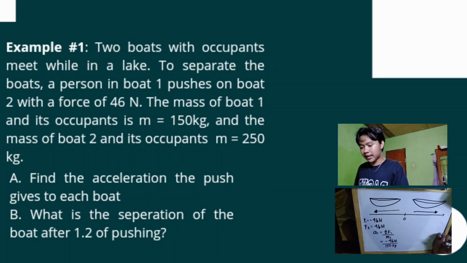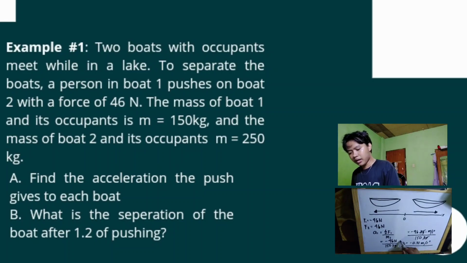Parang yung ginawa natin kanina, we just need to convert it into kilogram. So negative 46 kilogram multiplied by meter per second squared over the mass of 150 kilogram. Cancel the kilogram. Our a1 will be negative 0.31 meter per second squared. Ito yung naging kuha nating answer.